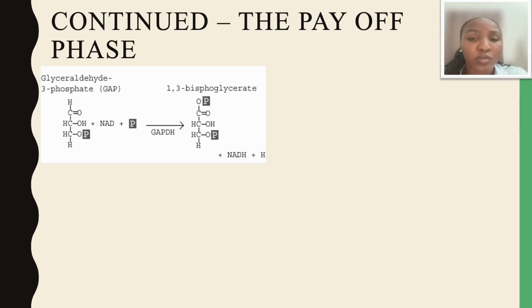Once the enzyme GAPDH oxidizes the glyceraldehyde 3-phosphate, it gets converted into 1,3-bisphosphoglycerate, and we have an inorganic phosphate group attached to it now, and this produces NADH.